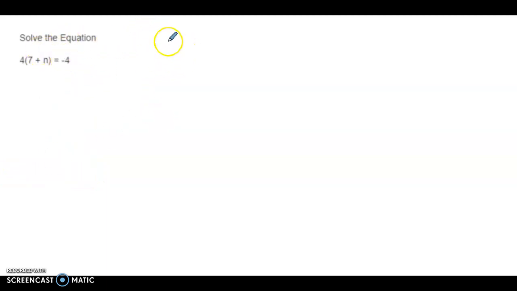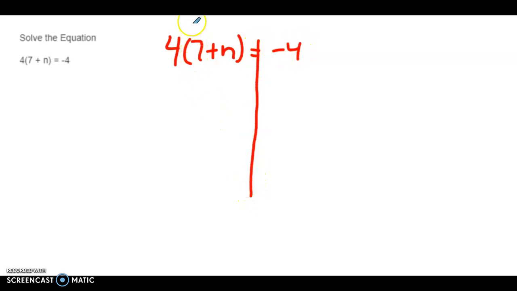Solving again. I'm going to write this a little bit bigger. Okay, so we've got to get rid of our parentheses first. We're going to do that by distributing. 7 times 4 is 28. And then we also have to distribute to this one. So 4 times n is 4n. I'm going to find that letter, and then I'm going to get rid of 28.